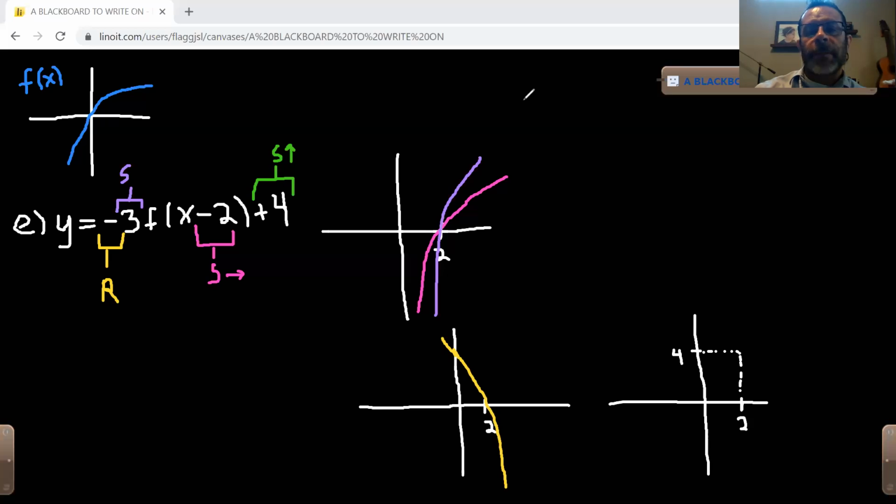And it's going to go something like this. That's going to be the graph. I'm exaggerating a bit, stretching it out so we can see how it goes. Eventually this is going to cross the y-axis. The green one would be the complete graph for this one.